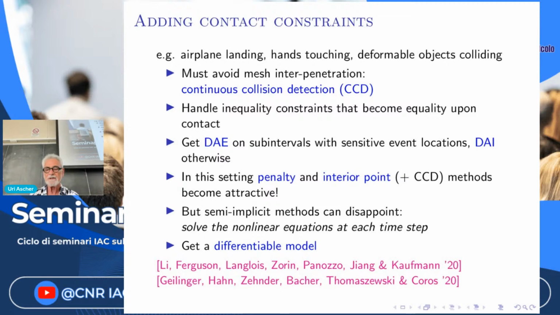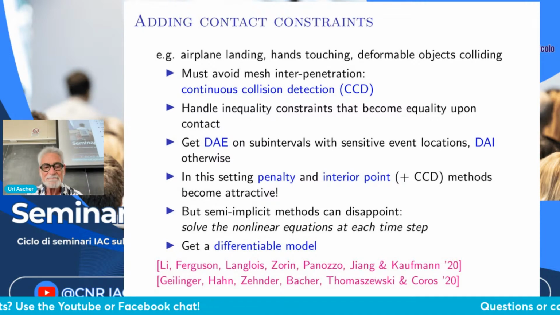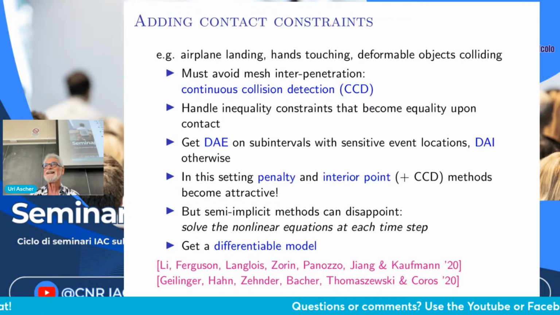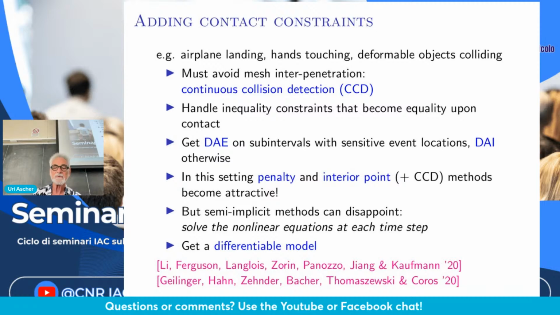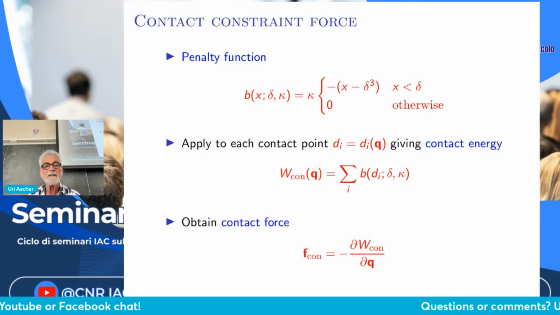So there are two papers here that I mentioned. Lee and many of his collaborators, half of them are supervisors, from 2020 and another one from 2020. They use different methods. I want to show you more or less what Lee has done.